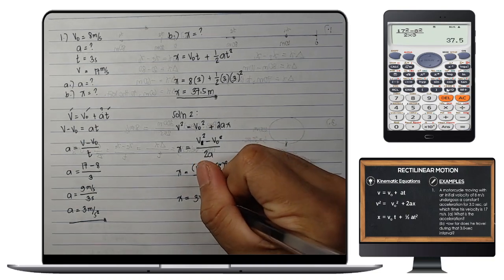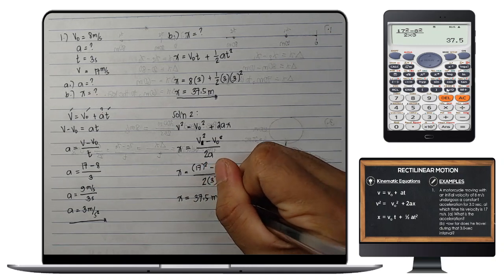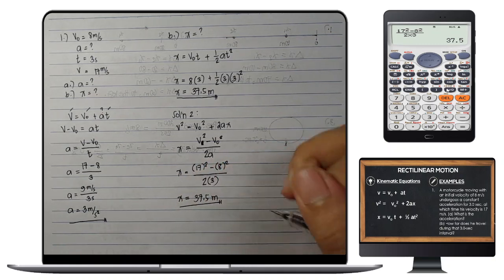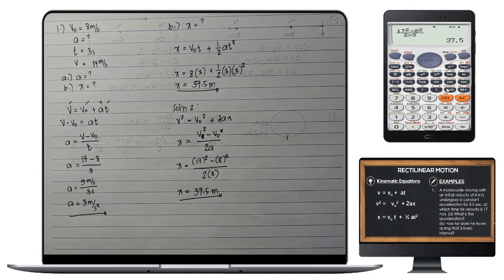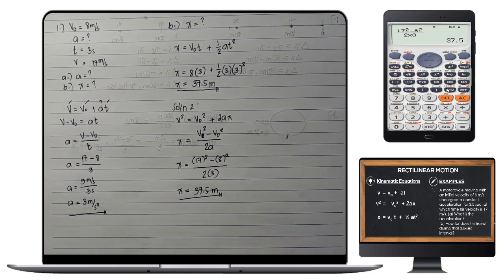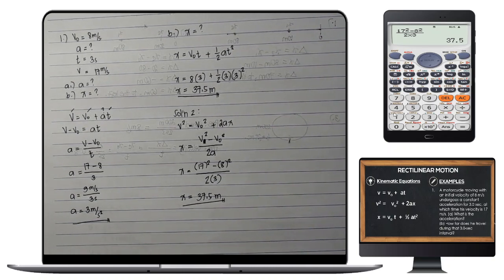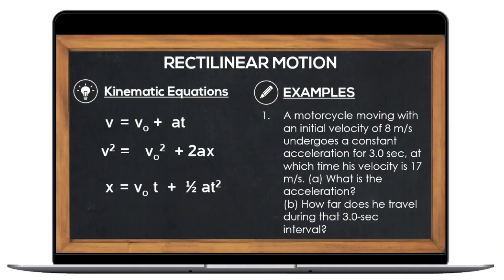X natin is 37.5 meters. Okay, so the kinematic equations will satisfy each other. Okay, so kahit alin pwede nating gamitin. Okay, so let's have the second problem.